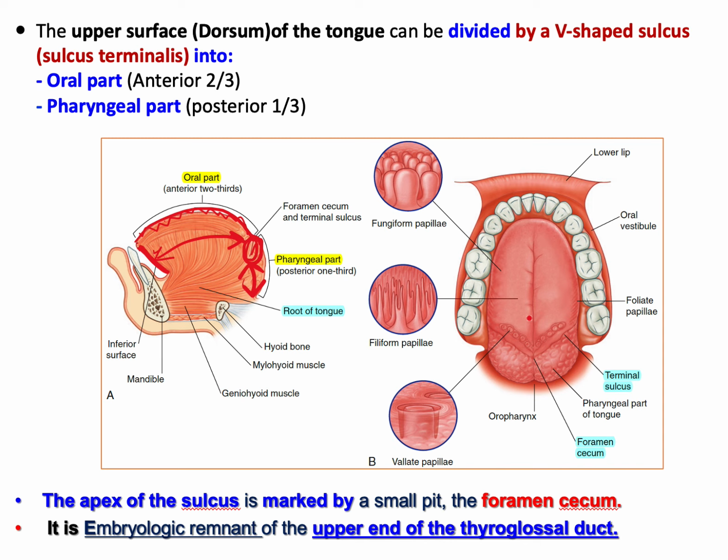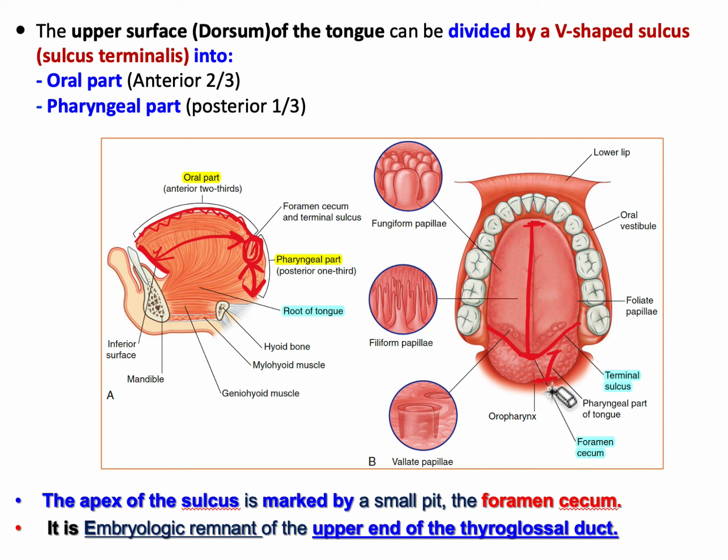Look at the superior view of the tongue. Here is the anterior 2/3 and here is the posterior 1/3, of course divided by a sulcus. This is the terminal sulcus.